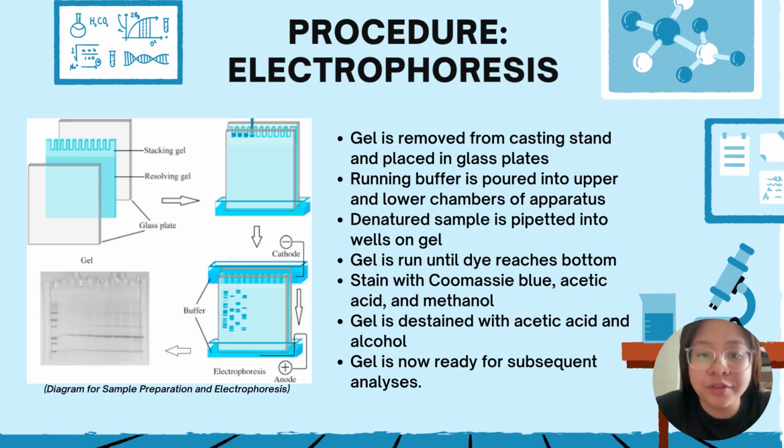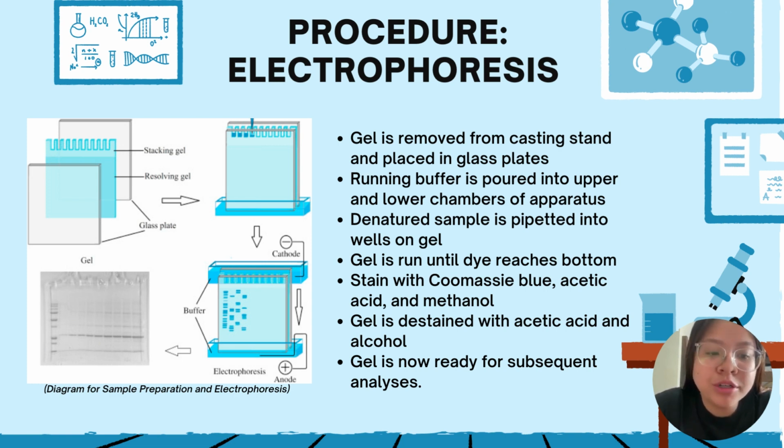Lastly is the electrophoresis. First, we remove the gel from the casting stand and place it in a glass plate to appropriately position the gels in the electrophoresis apparatus. The two glass plates are different. When put together, the glass plate with a depression should face inward so that the tank buffer can penetrate when poured into the tank.